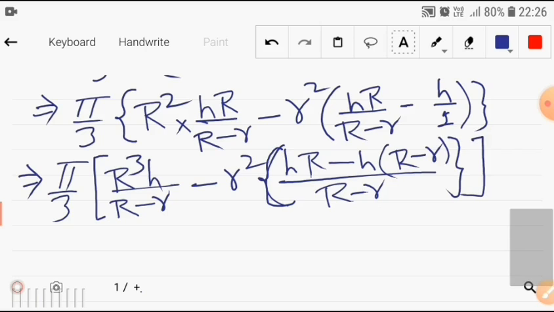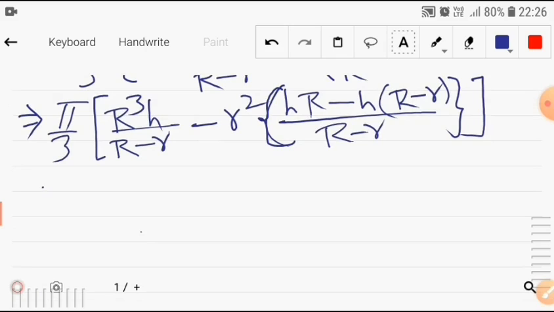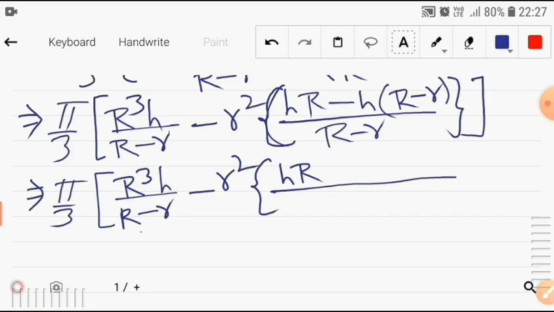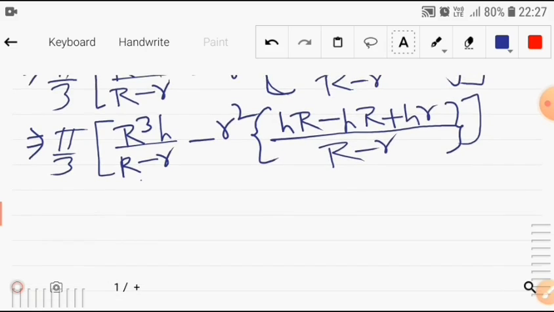Next line, pi by 3, R cubed h by R minus r minus r square, curly bracket, hR minus h multiplied by R is hR, h multiplied by r is plus hr, by R minus r. Now next line. hR minus hR is 0, so no need to write again.